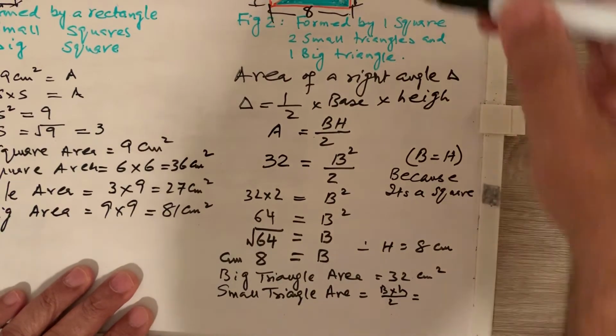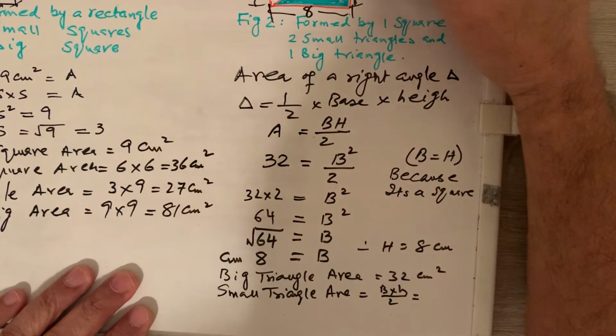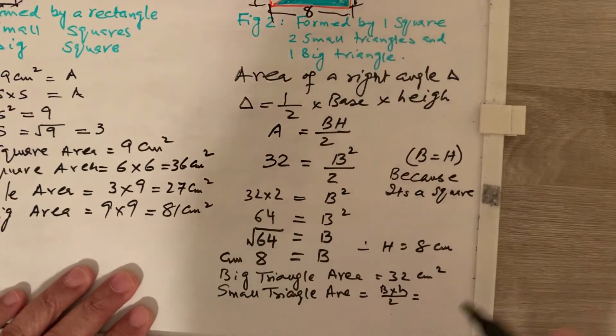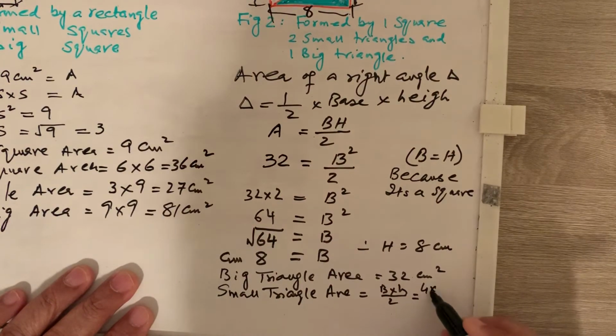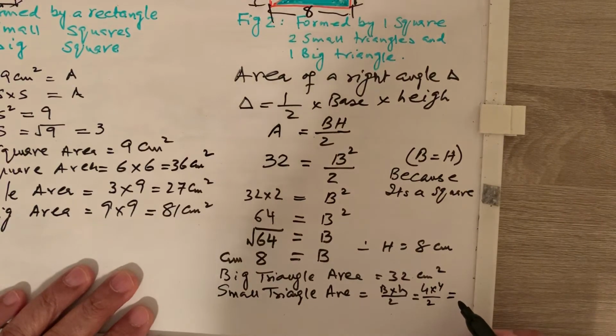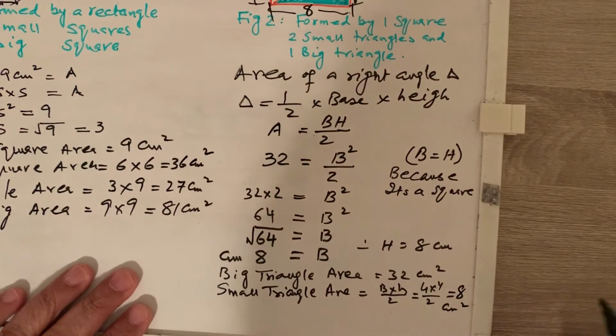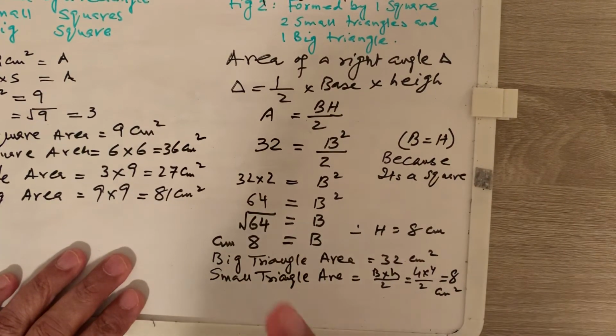What is my small triangle? It's 4. 4 is the base. And what is the height? The 4 again. So 4 times 4 divided by 2 is 8. So I have 8 centimeters square as my answer for the small triangle area, right? Now I have to see the big square.